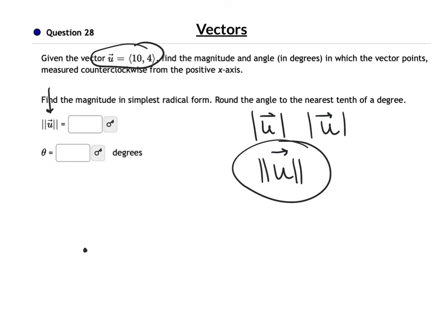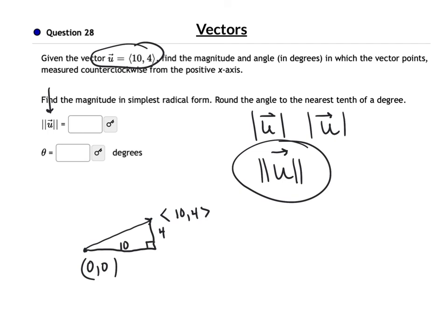We have the initial point of 0, 0. And then we're going to go right 10 and up 4. So this is the point 10, 4. And in this triangle then, we have a height of 4 and an x distance of 10.